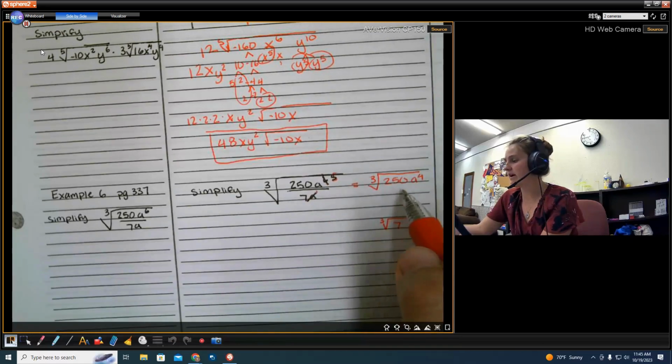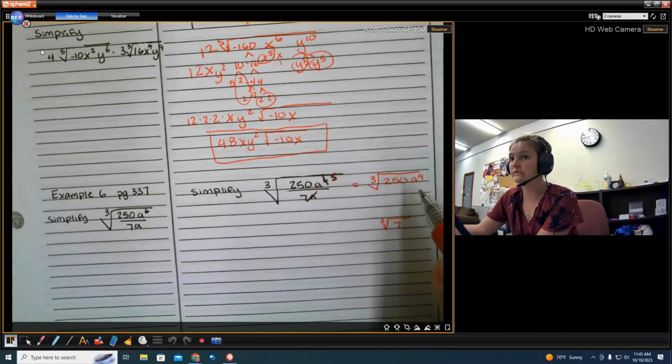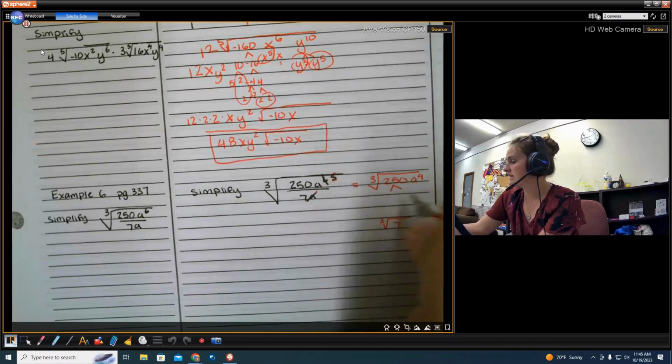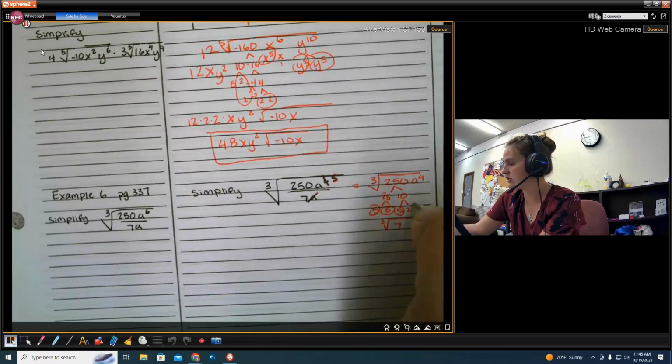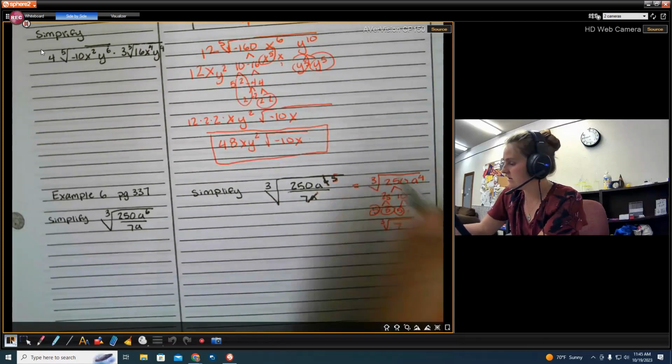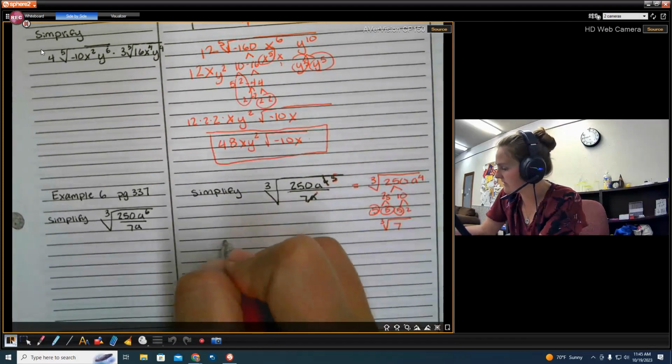So all we need to worry about is simplifying this, and we need groups of 3. So I'm going to do 25 and 10 because that looked the easiest, and then 5 and 5, and 5 and 2. So I have 3 5s that I can pull out, and then the 2 has to stay. So I'm going to write that over here.